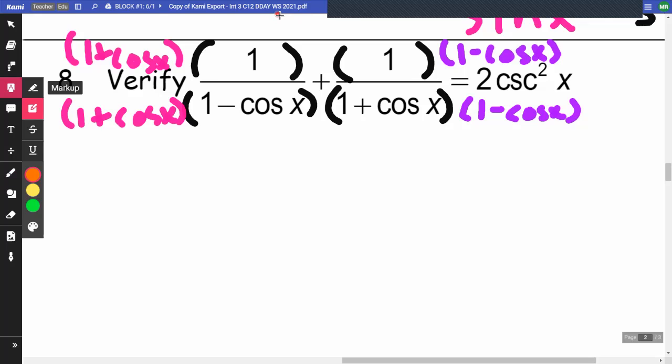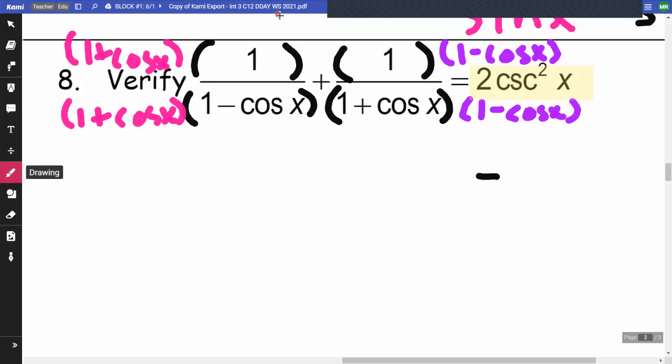Now, let me highlight this. This is what I'm trying to find. That's not changing. Okay, that I have still. This side is still the 2 cosecant squared x, not changing that.